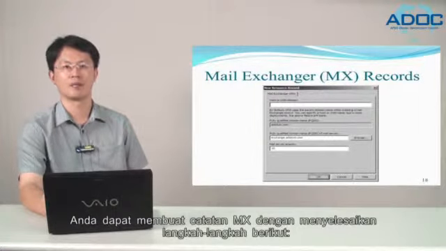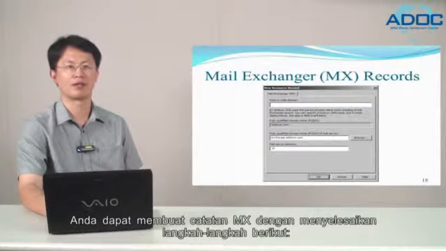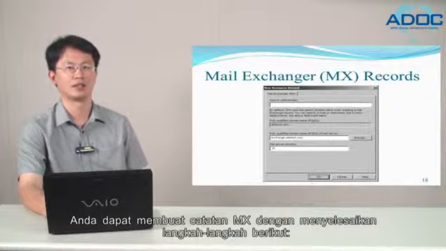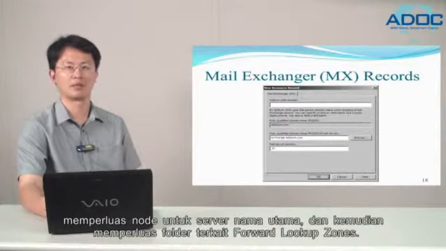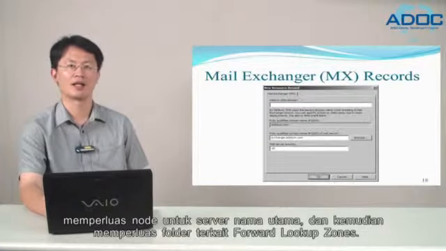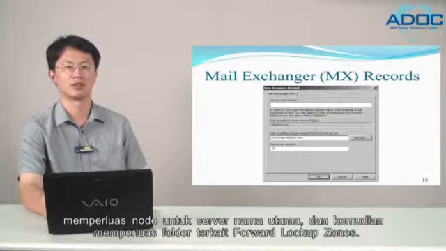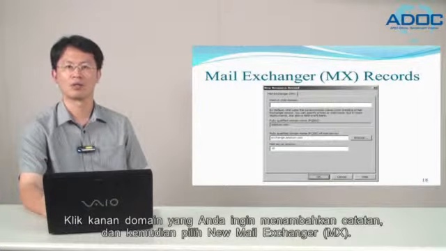And you can create MX records by completing the following steps. In the DNS console, expand the node for the primary name server, and then expand the related forward lookup zones folders. And right-click the domain to which you want to add the records, and then choose New Mail Exchanger (MX).